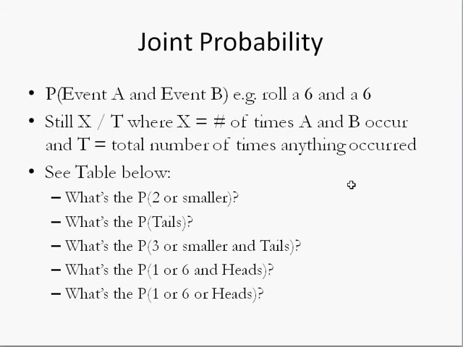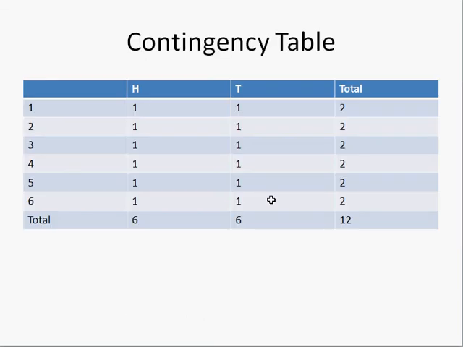So if I think about a situation where with my left hand I roll a 6-sided die, and with my right hand I flip a coin, we can ask certain probability questions like, what's the chance of 2 or smaller? Well, these 4 are 2 or smaller out of 12. 4 out of 12 is 1/3.